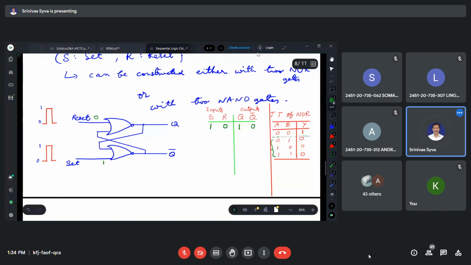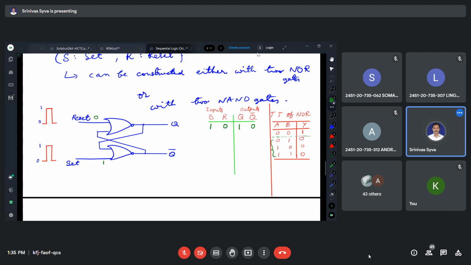These last 3 rows will be treated as one category, whereas the first row is different. When both the inputs are 0, output is 1. Whenever either A or B is 1, output will be 0. Or if both A and B are 1, output will be 0.